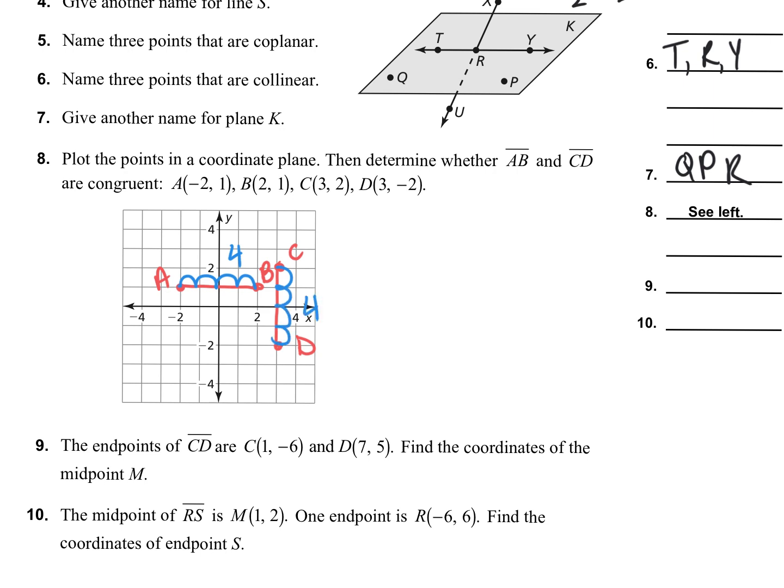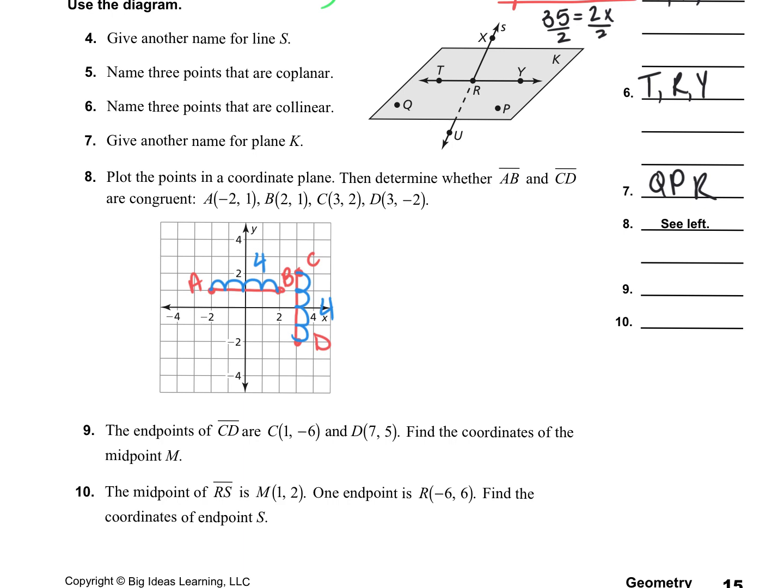Yes. How am I writing that? I am writing it as AB is congruent to CD. You have to make sure you're using the congruent symbol, this little equal sign with a squiggly on top. We get points taken off if we don't do that.